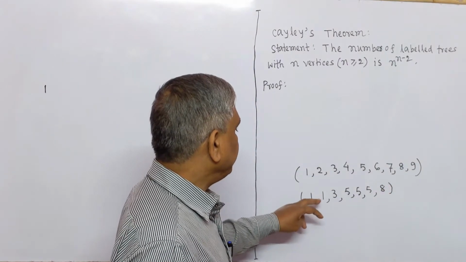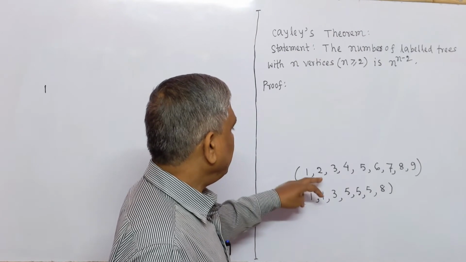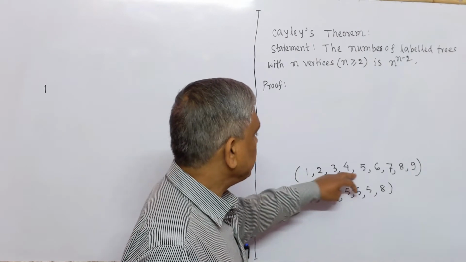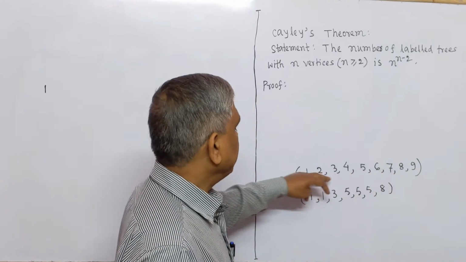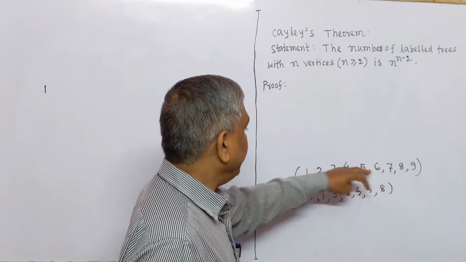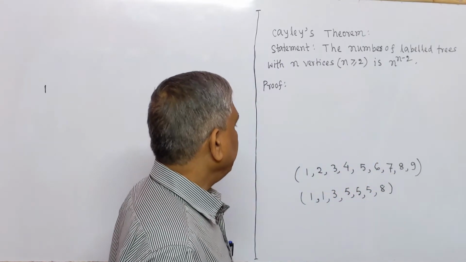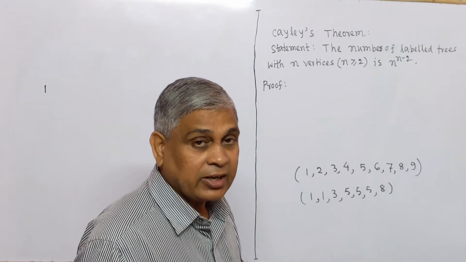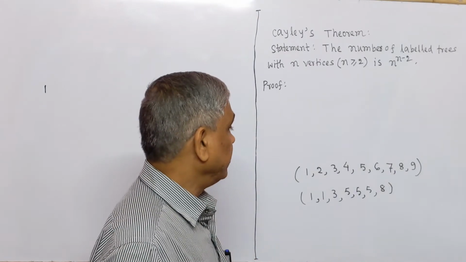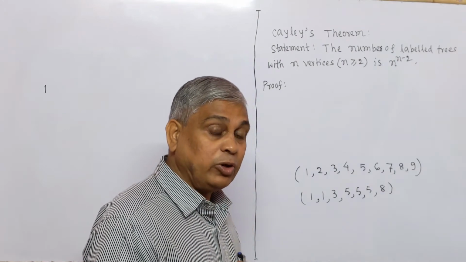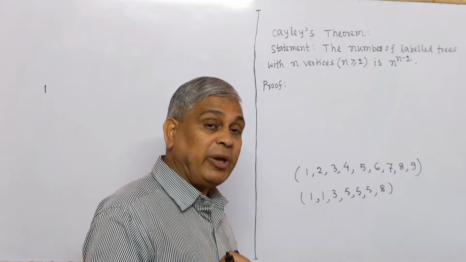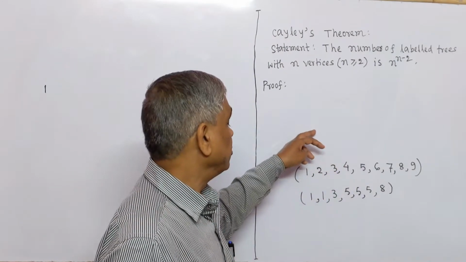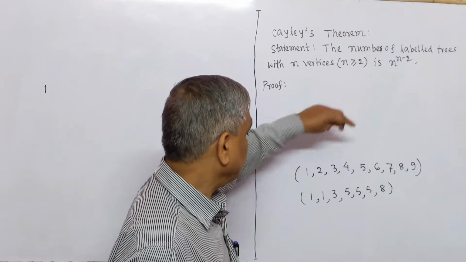Now, with the help of this sequence and also this sequence, the labels of vertices, we again construct a tree, and this tree will be the same as the one we deleted before.